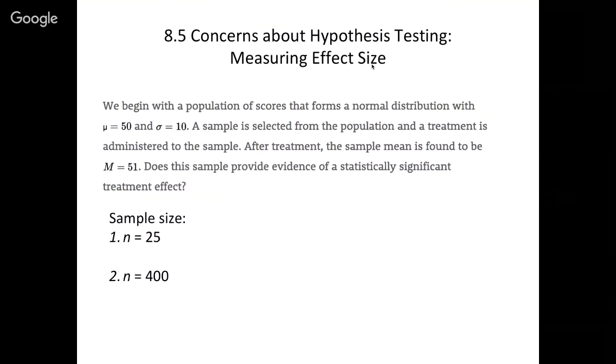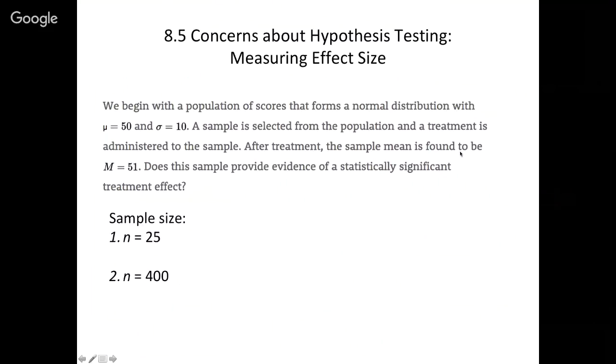And the significance depends on our sample size, as we just said, right? Sample size is one factor that affects the significance. So with a larger sample, we have a higher probability of getting a significant treatment effect.